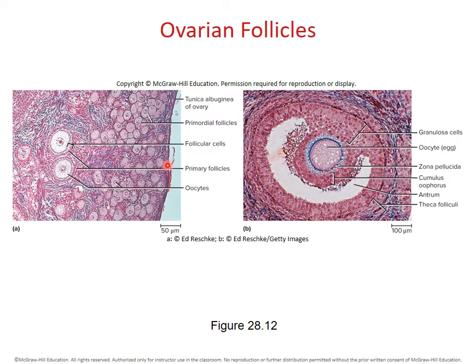Now, we said we initiate development of about 24 as a cohort. Of those 24, generally speaking, only one makes it as far as becoming a mature or vesicular follicle, all the way to become a Graafian. The others degenerate along the way.